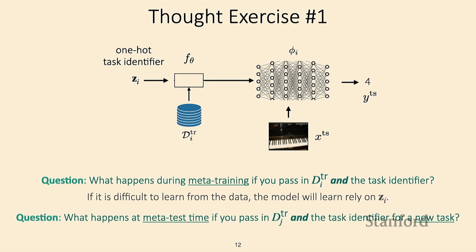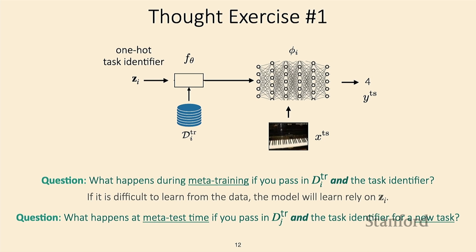And then my next question is, if it does start to rely on this task identifier, what would happen at meta test time if you pass in a new training data set and a task identifier for a new task? This would be a one-hot vector that's different from the one-hot vectors it saw during meta training. Yeah?